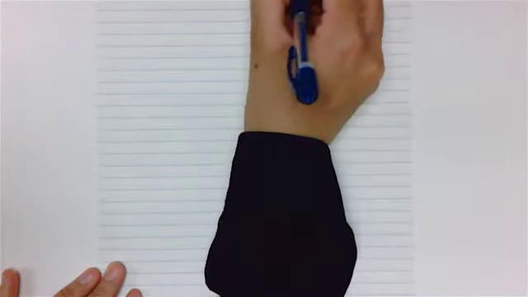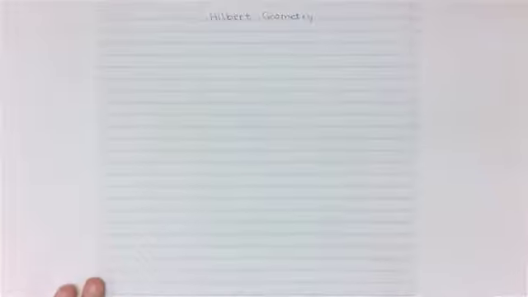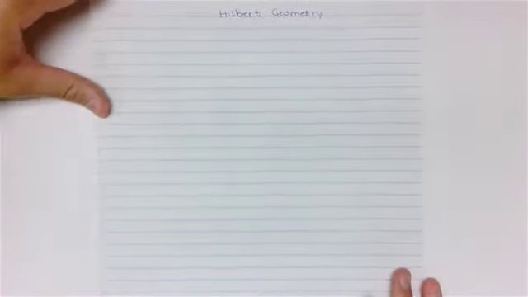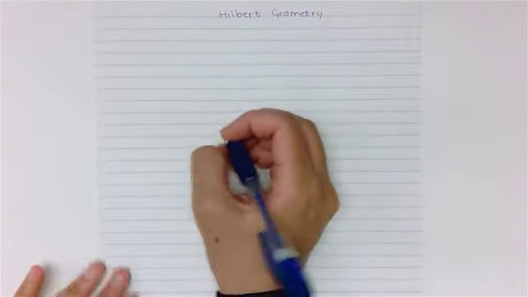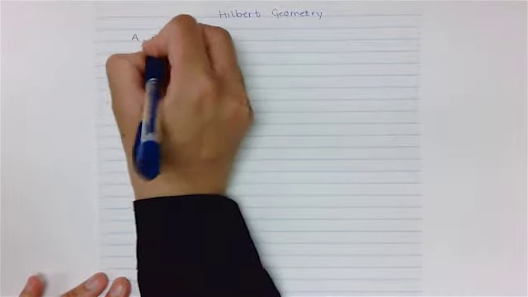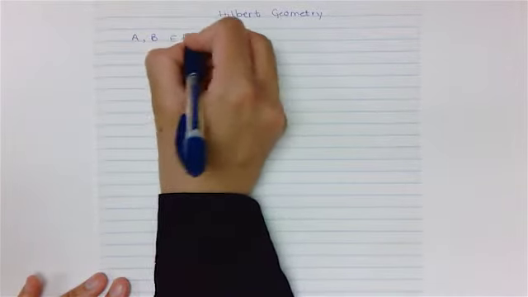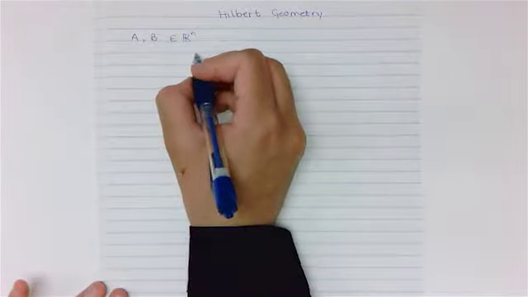So, in Hilbert geometry, we have two points A, B such that they lie in R^n.